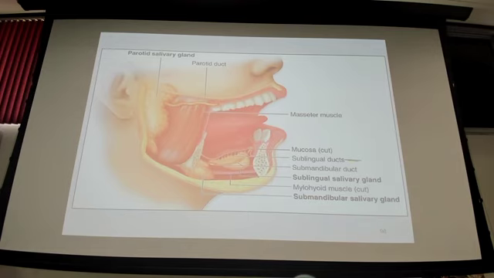These little guys right here. Versus here is the submandibular gland, and its duct comes up through here, like I said, anterior, just behind the lower teeth, the lower incisors. Okay? So we have Stenson's, and then we have Wharton's. Okay?